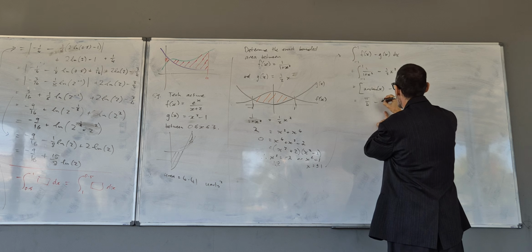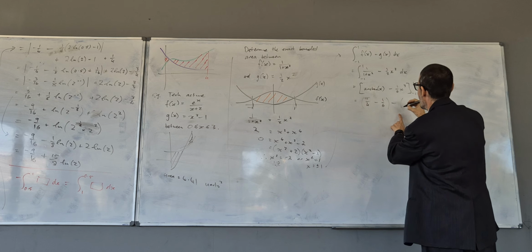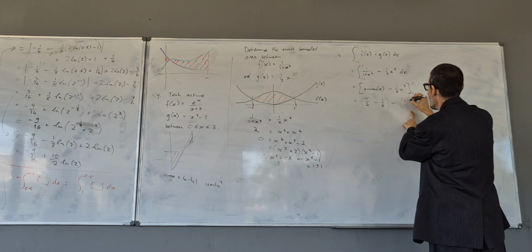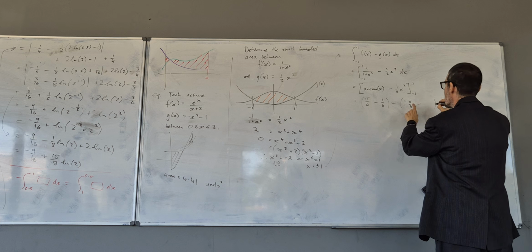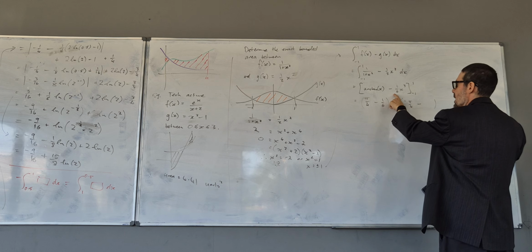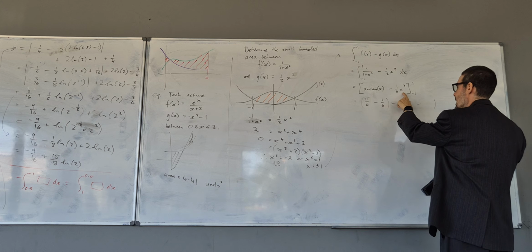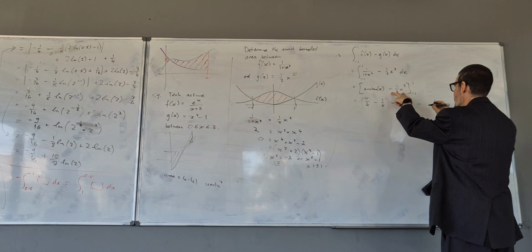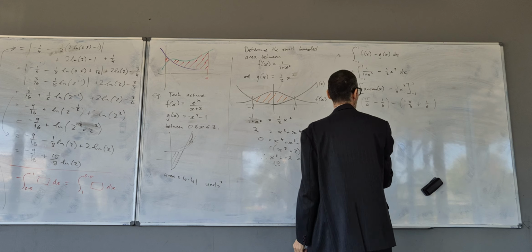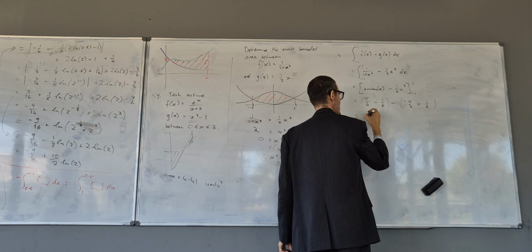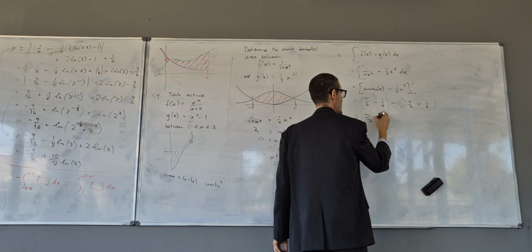Minus a sixth, minus brackets, negative arctan of -1, minus a negative, and minus a sixth plus a sixth. Okay, so 2 pi on 4, which is pi on 2, minus a sixth, minus a sixth.